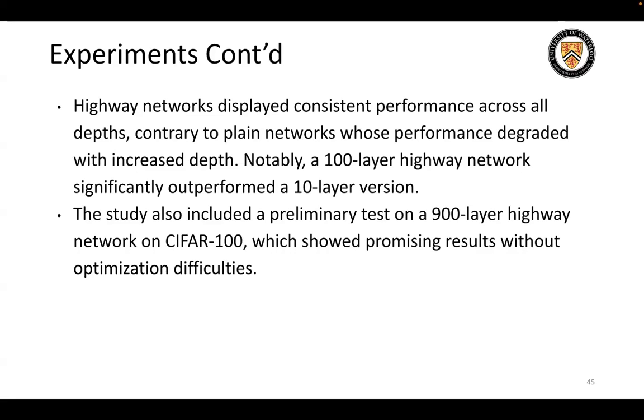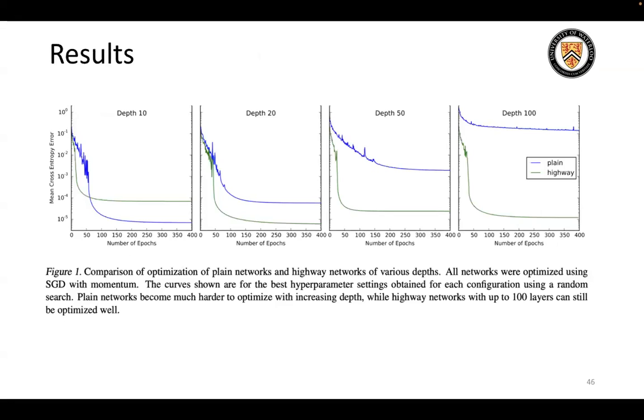Notably, a 100-layer highway network significantly outperformed a 10-layer version. This study also introduced a preliminary test on a 900-layer highway network on CIFAR-100, which showed promising results without optimization problems. So here, let's look at the result.